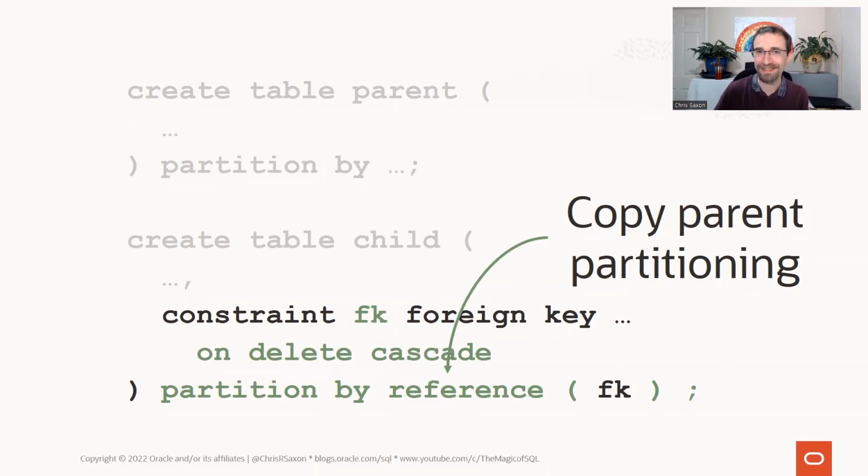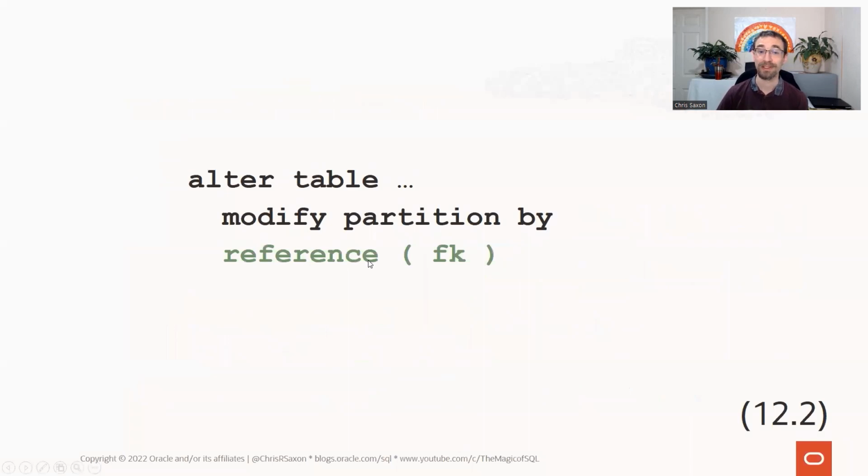Otherwise, we're not going to get the nice, simple functionality that we're really looking for here. We can do this when creating tables, and you can also do reference partitioning when adding it to an existing table. As long as we've got that foreign key, you can alter table and add reference partitioning to it too.